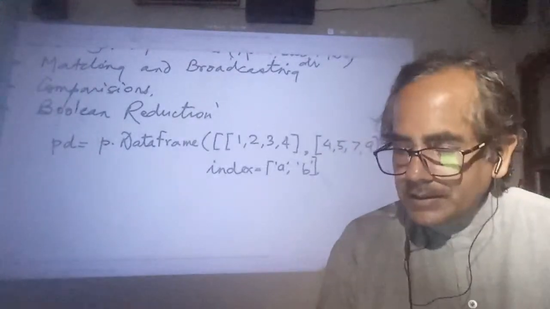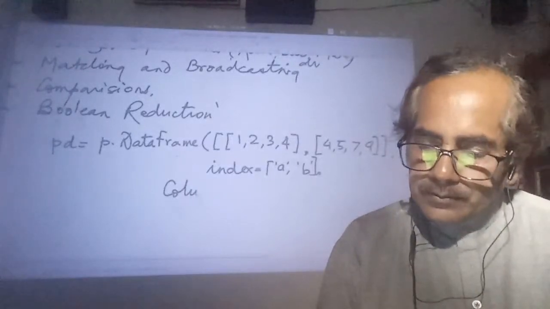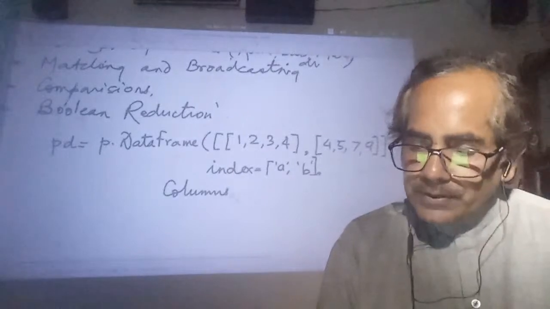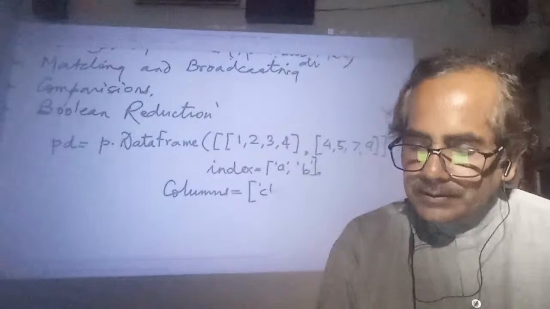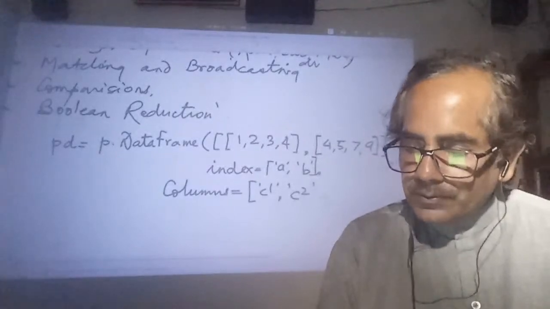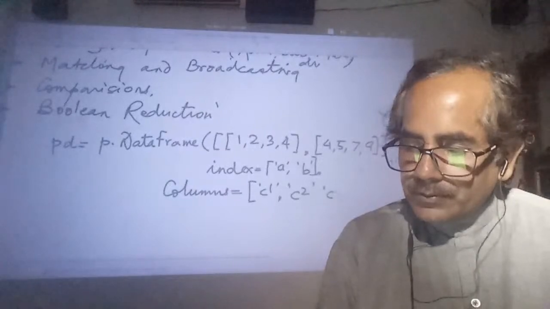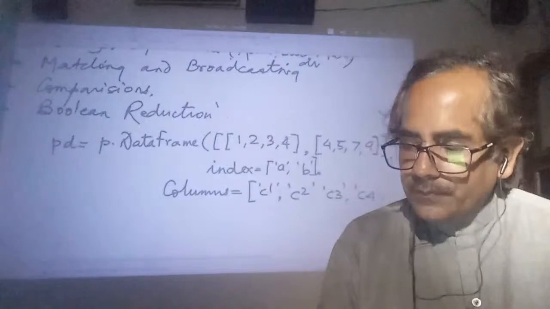Index is A, B and columns equal to, let us say I kept there C1, C2, C3, C4.